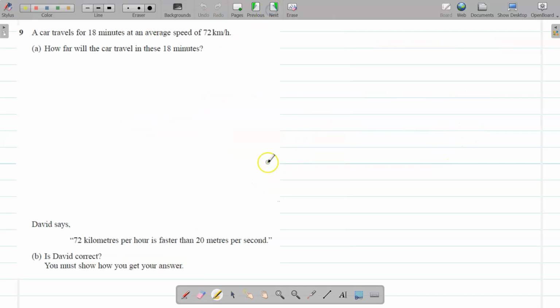Okay, next question. A car travels for 18 minutes at an average speed of 72 kilometers an hour. How far will it travel in 18 minutes? Well, the distance is speed times time, and 18 minutes is actually the same as 3/10 of an hour.